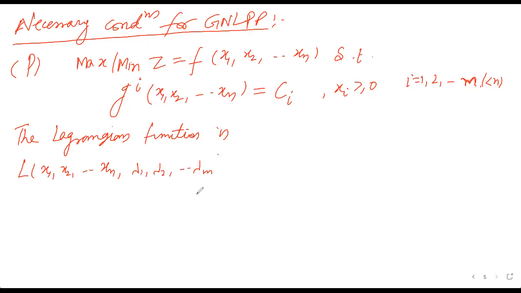This will be what? f of x1, x2, ..., xn minus, what will it be, tell me? Lambda 1 g1, lambda 2 g2, and so on.